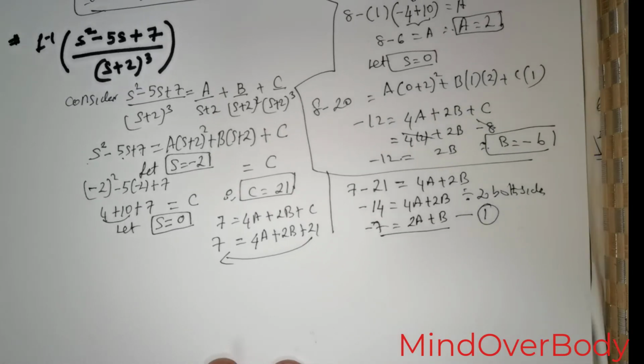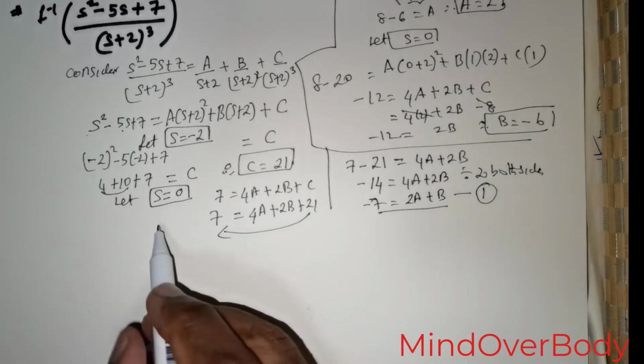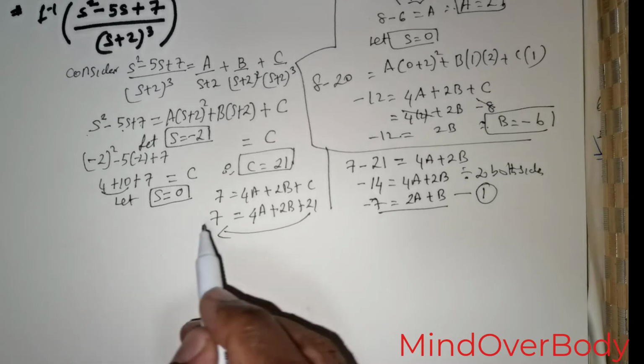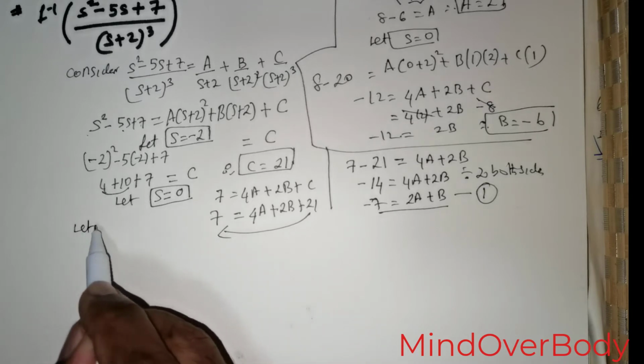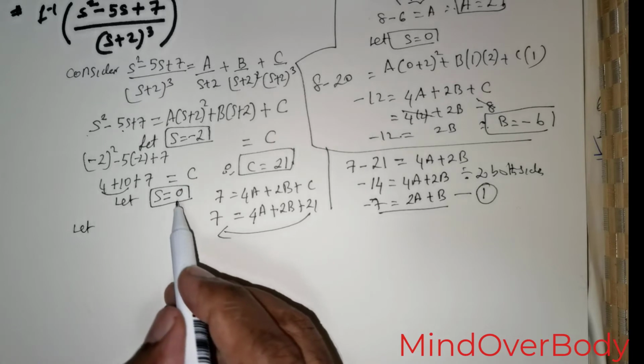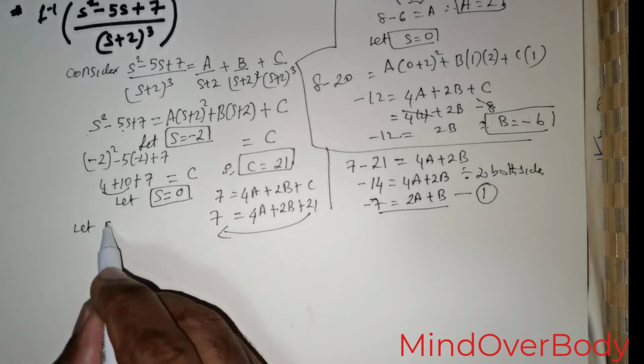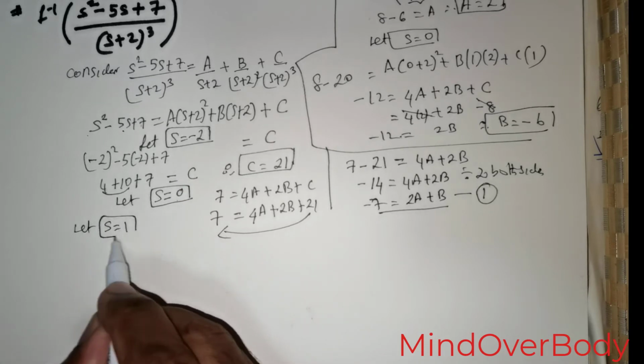Right. Now next what I can do is I can just simply take some random value. I've taken negative 2, I've taken 0. Let me take S to be equal to 1.